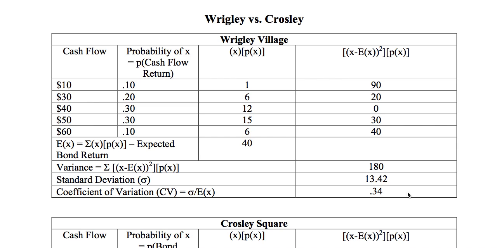Which one do I take? We will always take the one that has the smallest coefficient of variation, because that is the one where we have a greater probability of earning the expected return or the expected cash flow.